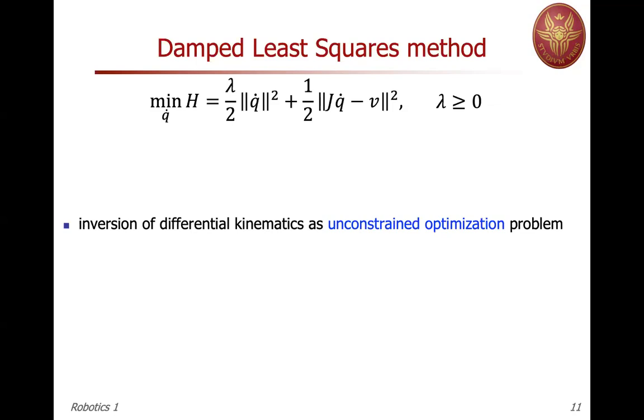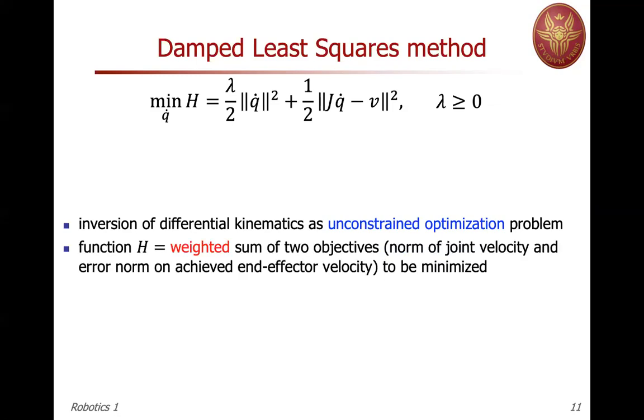Now the problem is formulated as an unconstrained minimization. So an optimization problem where we minimize some function. So remember, we are at the current configuration Q, so you don't see Q here, but in fact, all these computations are repeated at every new Q, so every millisecond, okay? So you want to minimize this function, and the function is made up of two terms, two norms.